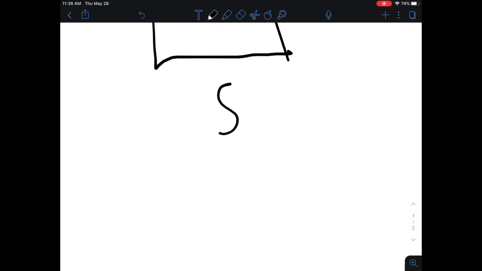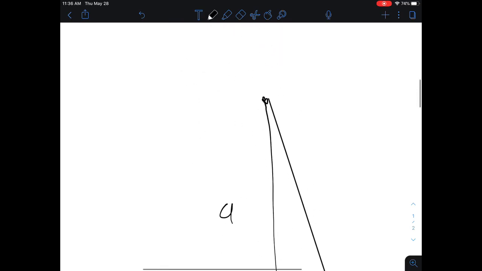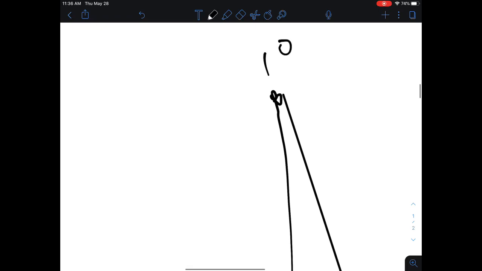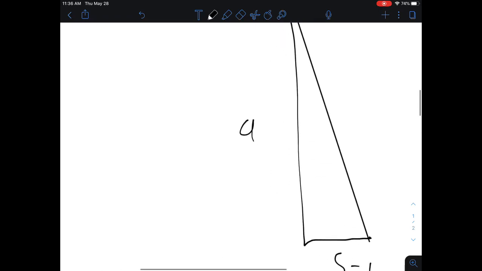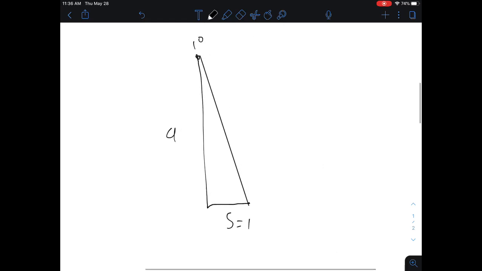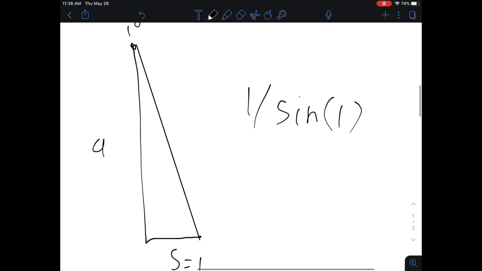If we say the side equals 1, and since there's 360 sides, this angle is 1 degree, then we can use trigonometry to find this A, which in this case is sine, because it's opposite over adjacent, so it would be 1 divided by sine of 1.